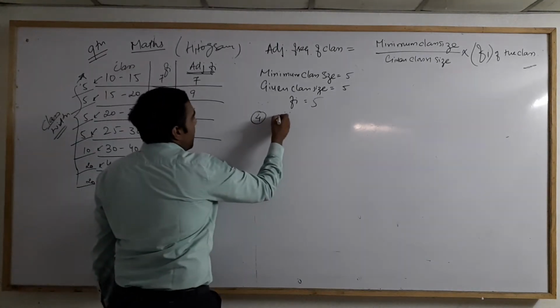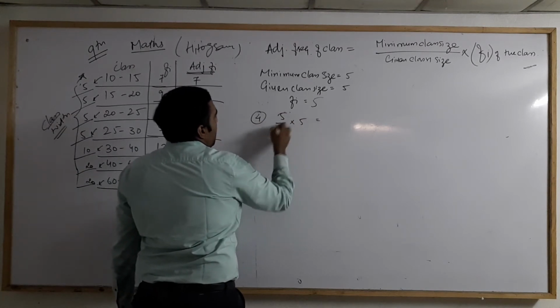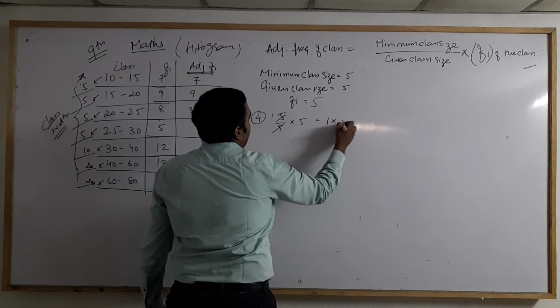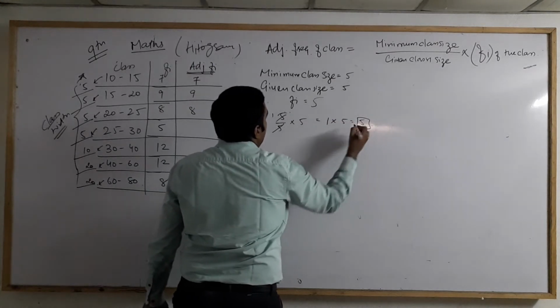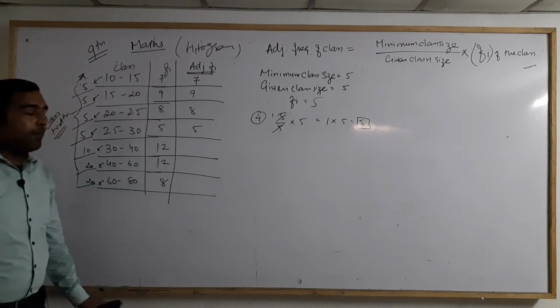Now what is my answer? That is 5 by 5 into 5, therefore 5 ones are 5, 1 into 5, my answer is 5.